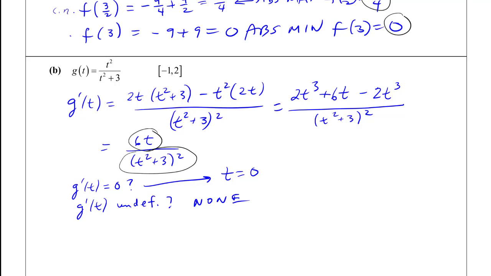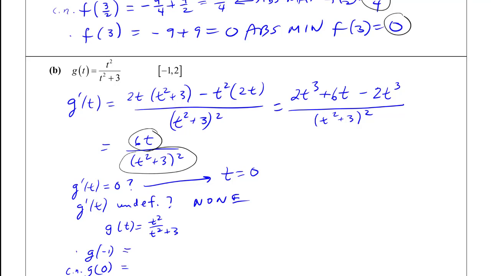So I have my function g of t equals t squared over t squared plus 3. And I'm going to do this at negative 1, at 0, and at 2, my endpoints and my critical number.